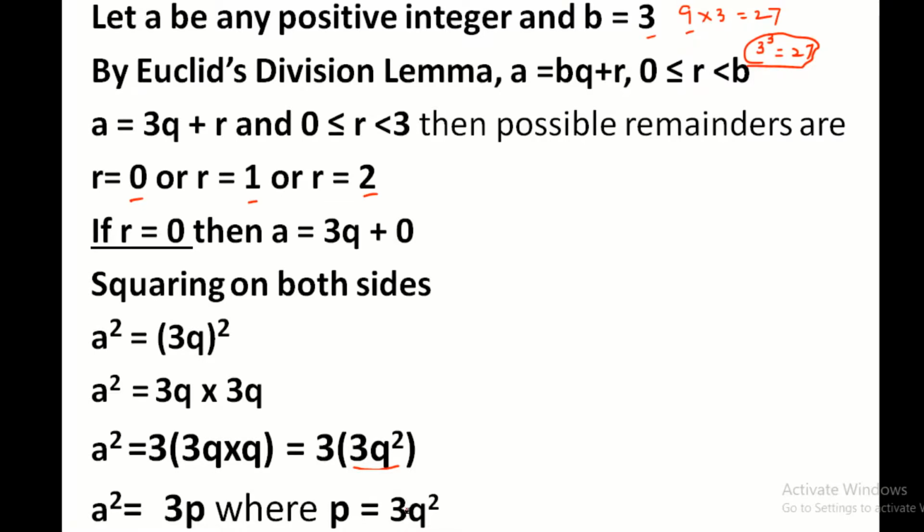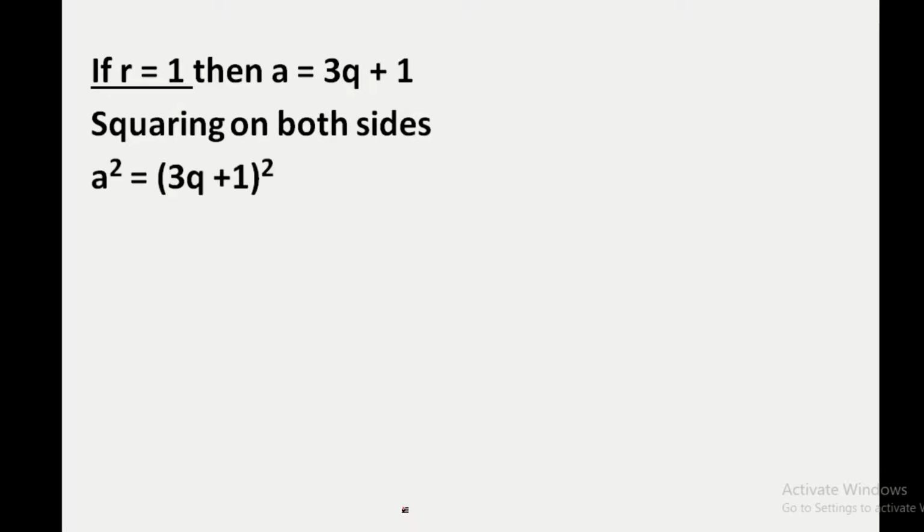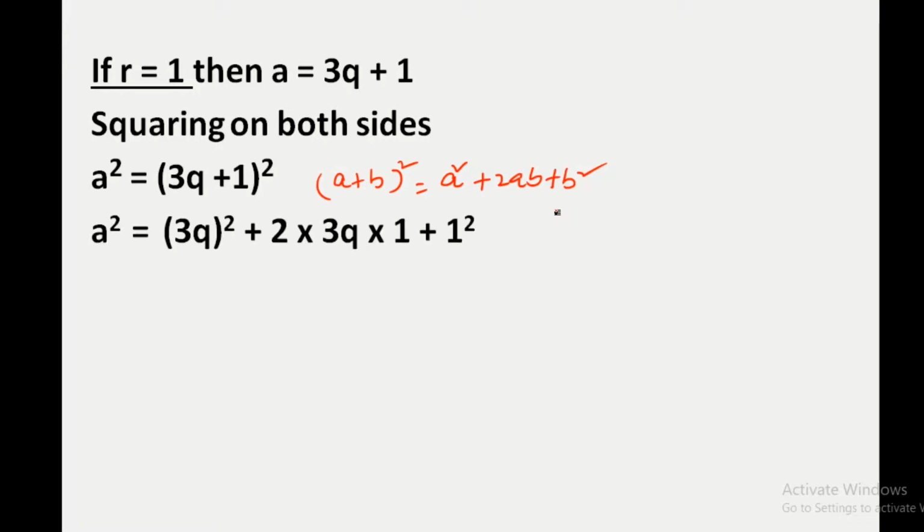Let us see if r is equal to 1, then how the equation goes. Then it is 3q plus 1, upon squaring on both sides. And here we have two terms, it is a pure binomial. Then we have to use the formula a plus b whole square is equal to a square plus 2ab plus b square. By substituting the terms according to that formula and expansion, we'll get like this.